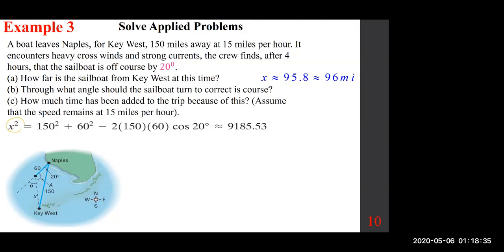Remember, this is x squared, okay? So x is the square root of that. Everybody understands this one. Again, this is a rough estimate. When you have doubts, you can always use more decimals. So we take a square root, okay?